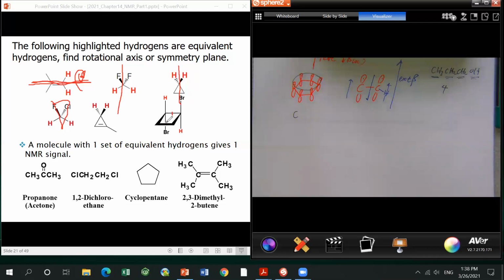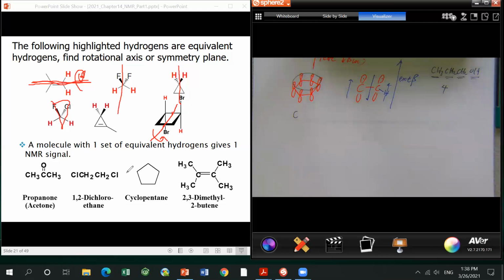This rotation axis passes through the middle of the carbon bond, and if you rotate 180 degrees, you generate the same molecule. That means these two hydrogens are related by this rotation axis. If you rotate 180 degrees and get a different molecule, that's not a rotation axis. That's how you determine a rotation axis.